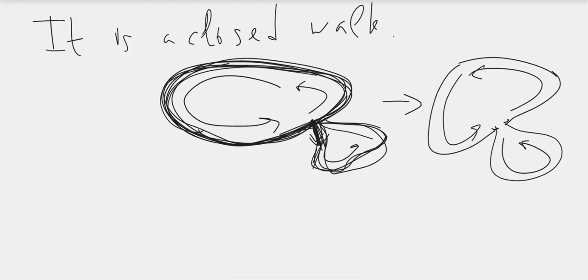Right? So if there are still some unvisited edges in the graph, then we repeat the same procedure. Again, by connectedness, there must be an unvisited edge going from this closed walk.